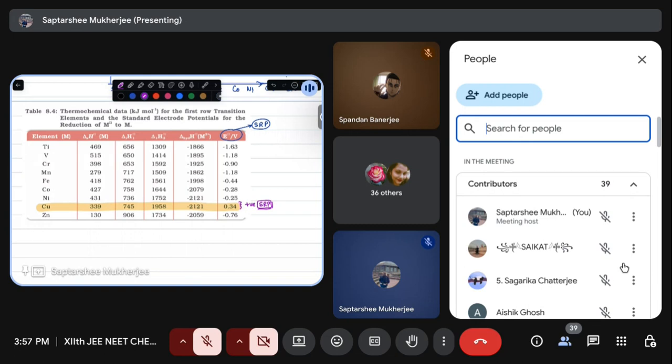Is my question making sense to all of you? If it is asking how to explain the positive standard reduction potential value of copper, the meaning is that copper plus 2 readily wants to convert into copper. That means copper plus 2 has a high tendency to undergo reduction. That is why copper plus 2 is an oxidizing agent, whereas the other metals are capable of acting as reducing agents.